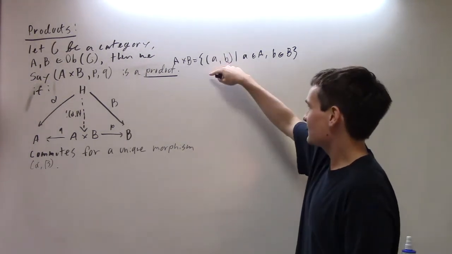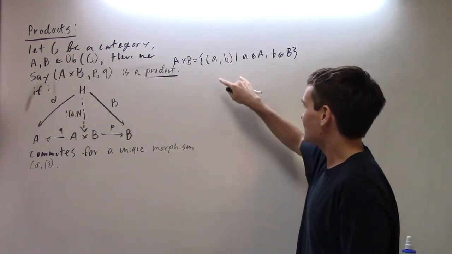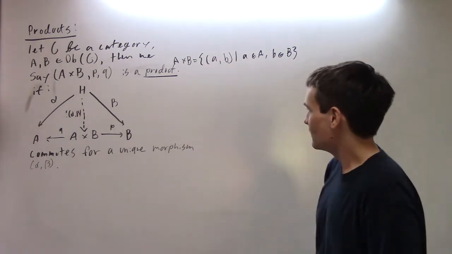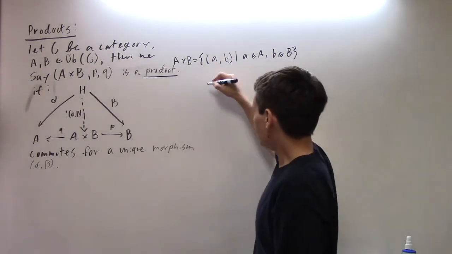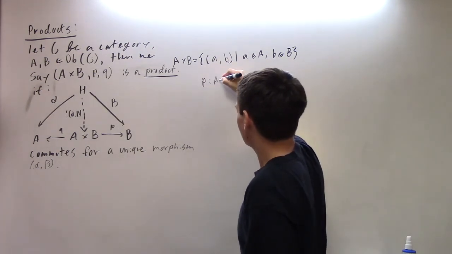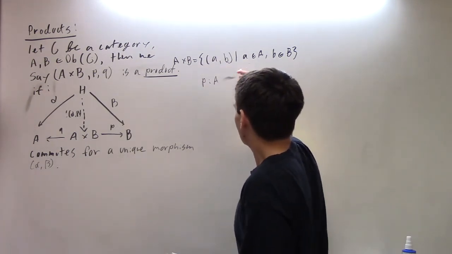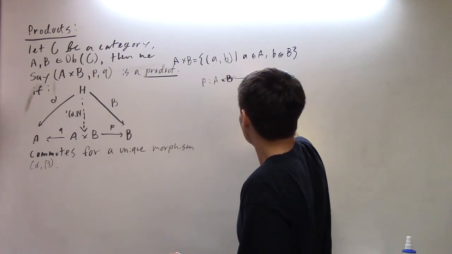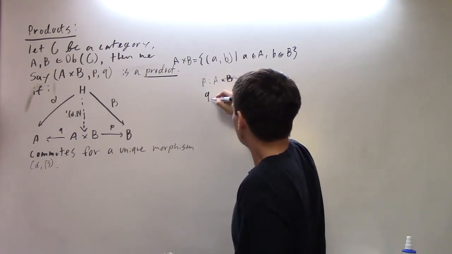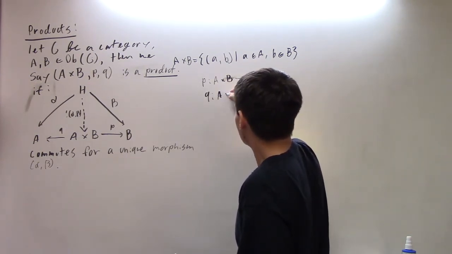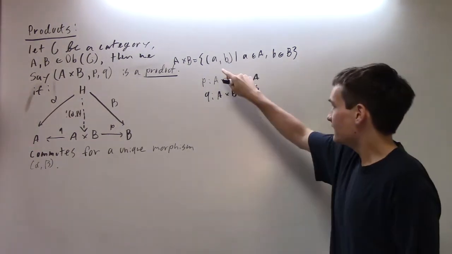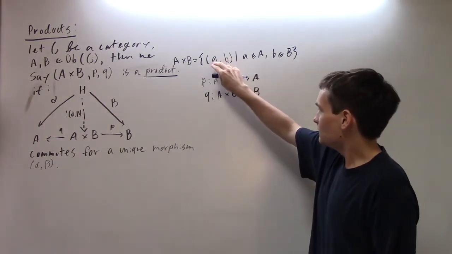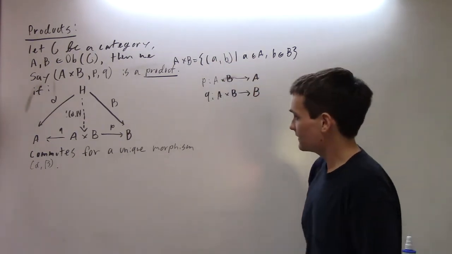But usually we just say, okay, it's pairs. But what that means functionally is we have these functions, right? From the direct product to each of the components that give us back each of the two slots, essentially.